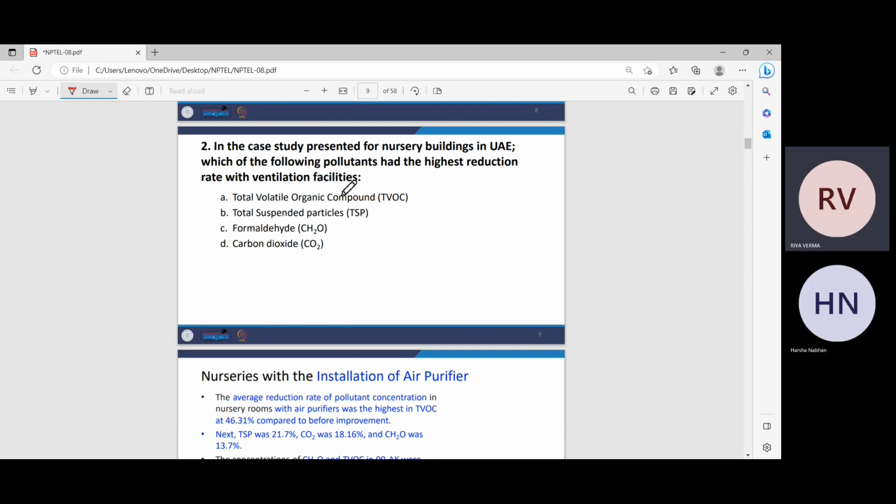Okay, I'll tell you. The highest reduction in percentage was for TVOCs, because installation of new ventilation systems ensured some dilution of the air present in the classrooms, and due to that the VOCs that were at such high amounts in the classroom were reduced by a significant percentage.